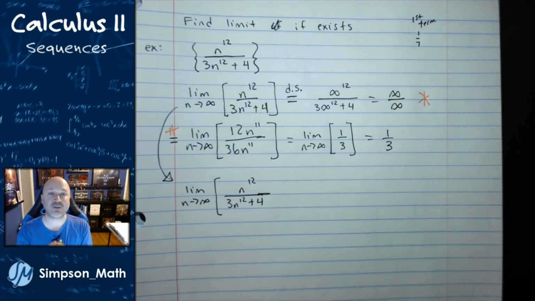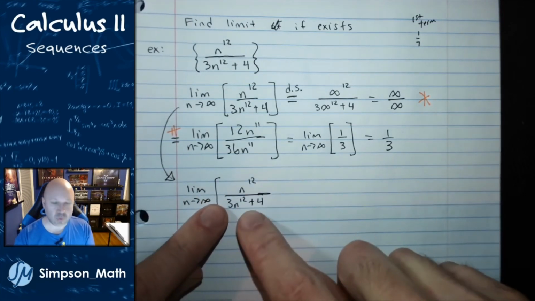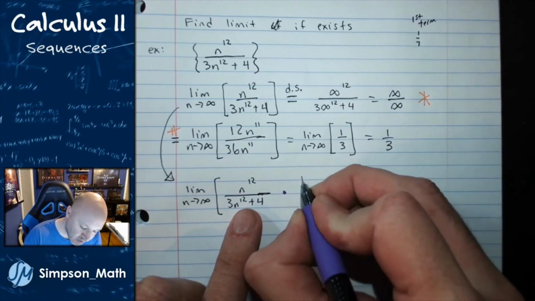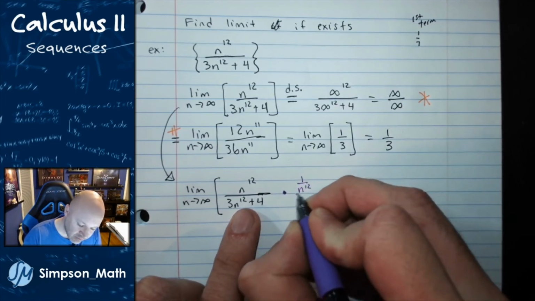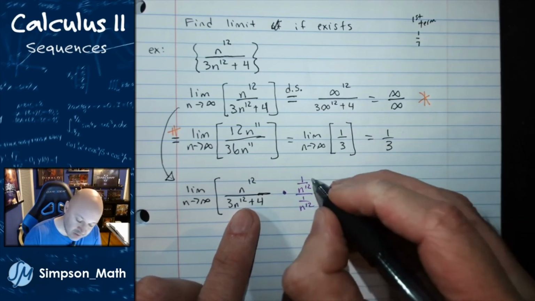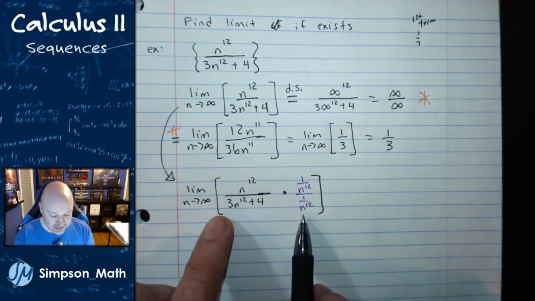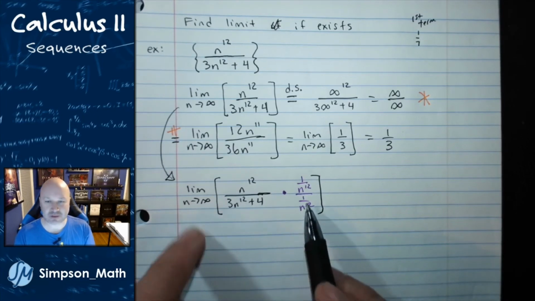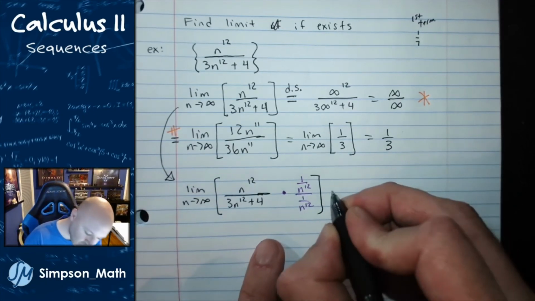Basically, the n to the 12th is in the way. It's causing problems. So we can get rid of it by multiplying by a form of 1 over n to the 12th. All I'm doing is multiplying by 1. And n is just some number way out there, so n is not 0 or something. So this is totally legal.